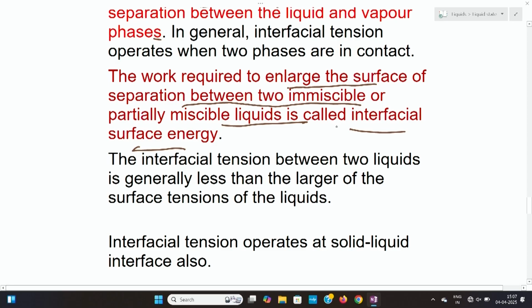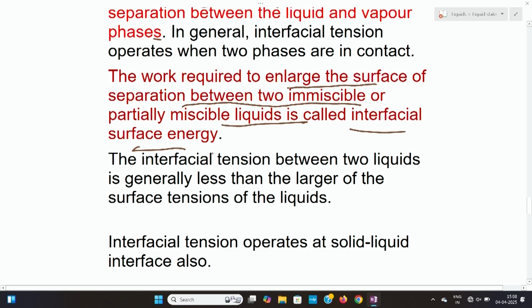That is, the interfacial surface energy is the energy required to enlarge the surface of separation between two immiscible liquids. Immiscible liquids means we can see that they are not mixing or not that much soluble.